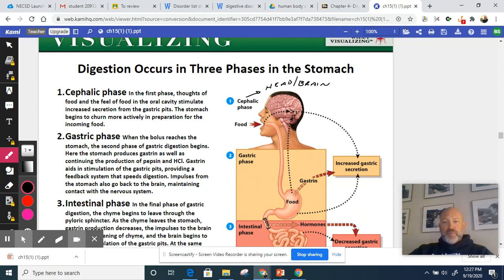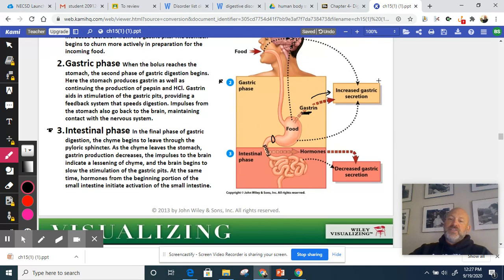So the second phase would be the gastric phase, and this is when the bolus reaches the stomach. As the food is in the stomach, it continues to produce this hormone gastrin, which is going to continue to increase the stomach's secretions. Now, after a couple hours, the food will leave the stomach, and then we enter into the intestinal phase. It's this final phase that, as food passes through the pyloric sphincter muscle here and enters the intestines, a different set of hormones is going to decrease the gastric secretion.